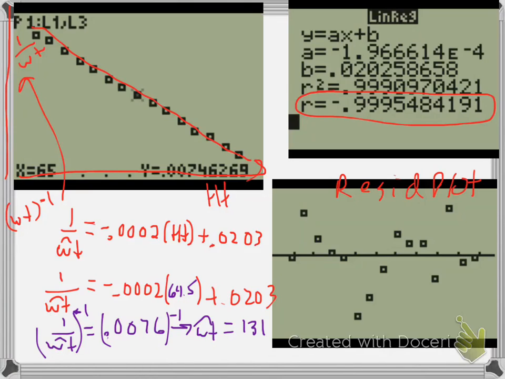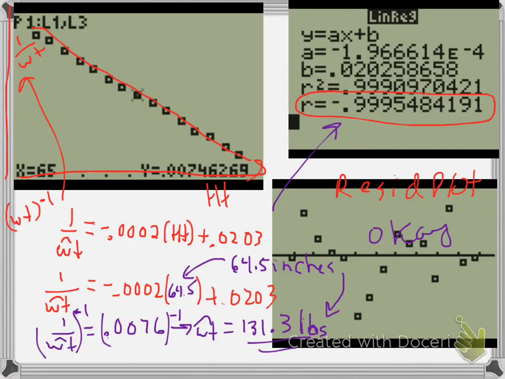I get 131.3 is what I'm predicting for a woman. The 64, sorry, this is pounds by the way. 64.5 inches. The prediction on our model is 131.3 pounds. And it's a pretty good model here, and this is okay as well. So I'm pretty happy with it.